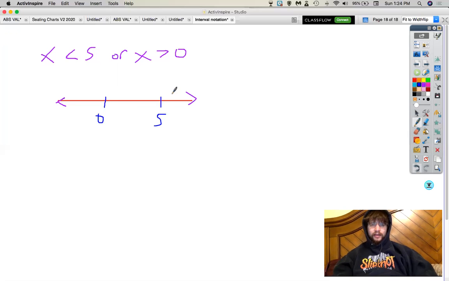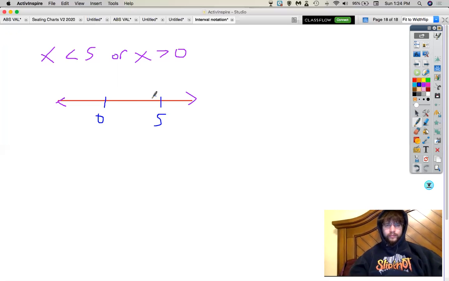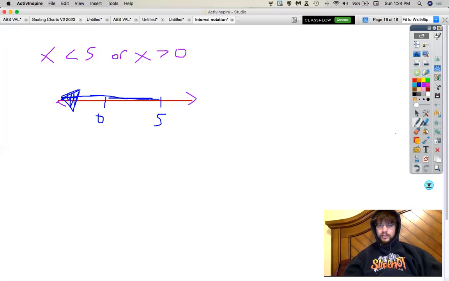X is less than 5, so I'm gonna do this one in blue. X is greater than 0, I'm gonna do that one in red. So yeah, this would be an open circle. Yeah, that's an open circle.